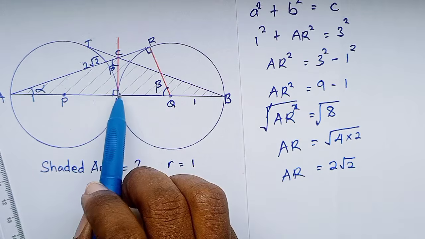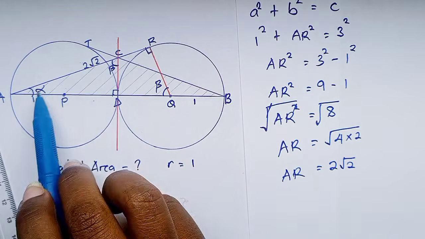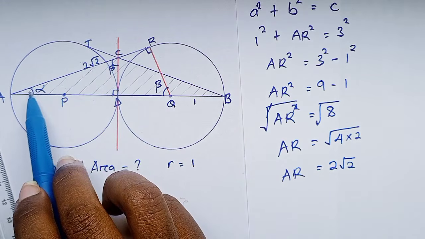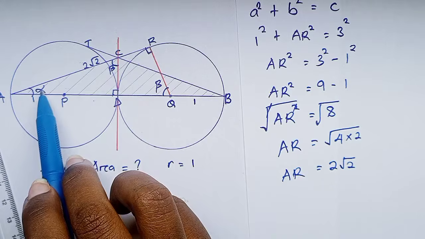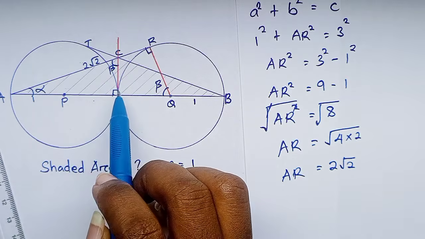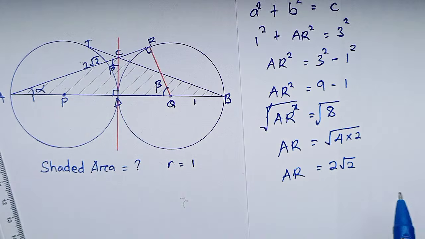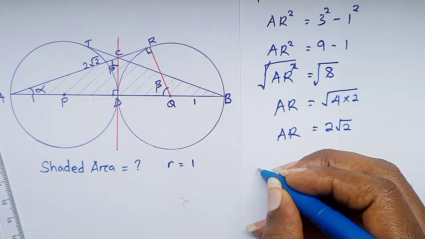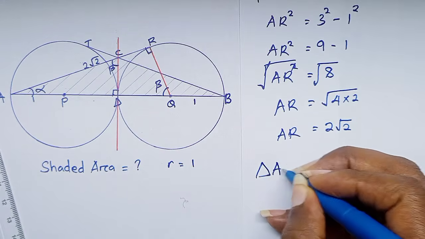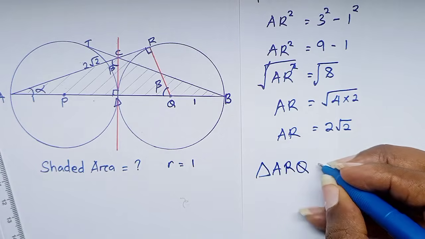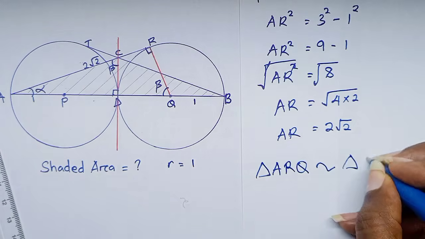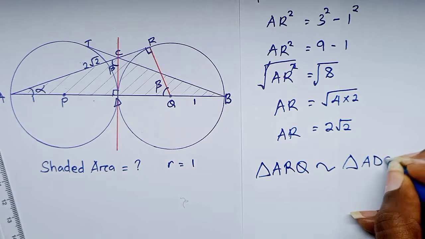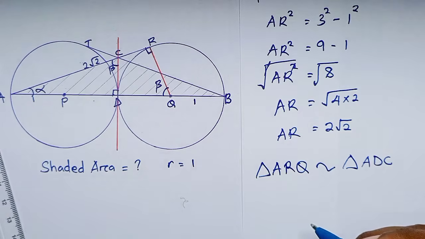So we can confidently say that triangle ARQ is similar to triangle ADC, because of the angle theorem. They have the same corresponding interior angles.